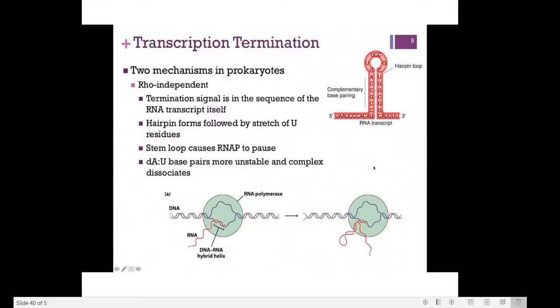In the rho-dependent mechanism, the termination signal sequences are transcribed there itself, then a hairpin forms followed by a stretch of U residues. Then the stem loop causes the RNA and RNA polymerase to pause at that stem. Once the stem is formed, the RNA recognizes that there is no need for further synthesis, that is enough, and the gene is terminated.